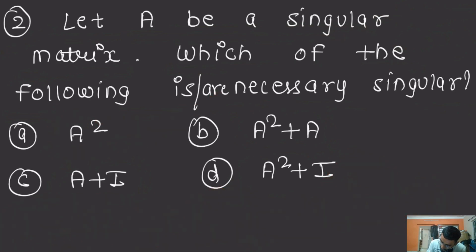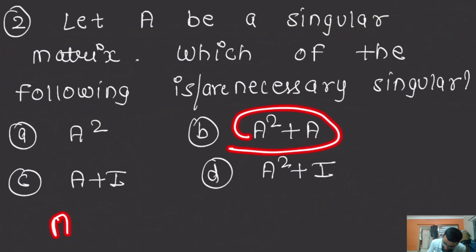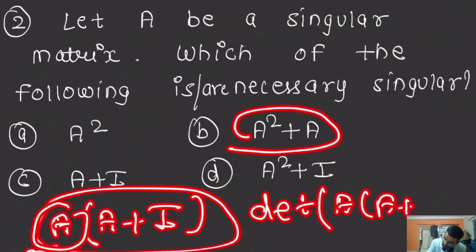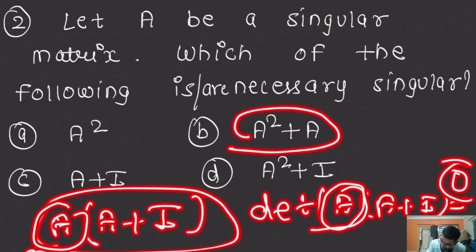If we see A squared plus A, this can be written as A into A plus I, using matrix factorization. We know that the determinant of A into A plus I will also be 0, because the determinant of A is 0.